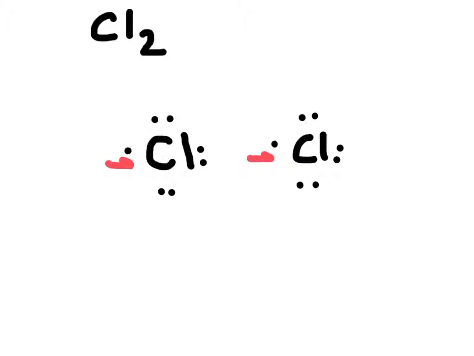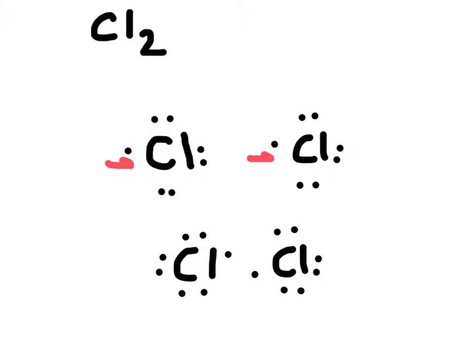So what I have to do is spin the two chlorines around, or spin one of them around so that the open spots line up like a jigsaw puzzle. And when you do that, you're going to see that the two will fit together like this. The two chlorines have to line up so that the two open spots are next to each other. This one slides this way, this one slides that way, and the final result looks like this.